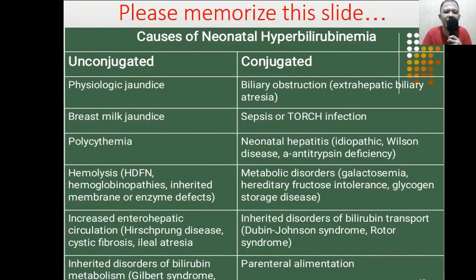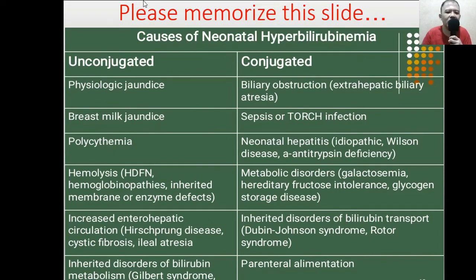So these are the causes of neonatal hyperbilirubinemia. If you can't understand why, you can by all means memorize.